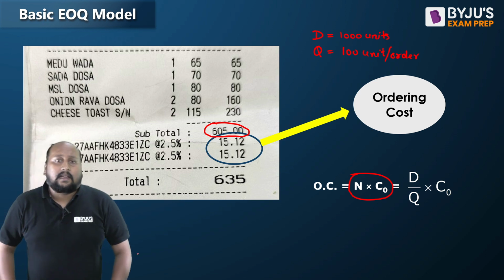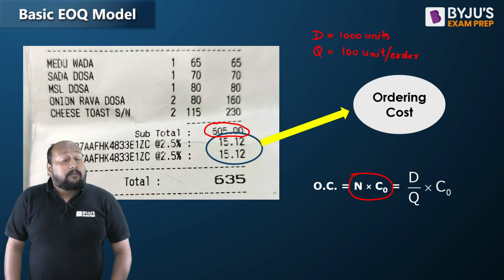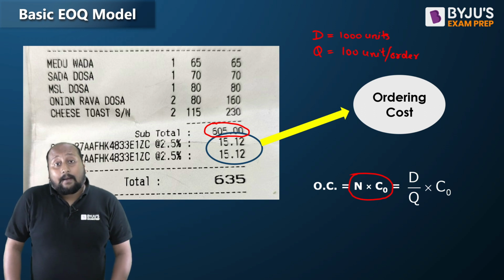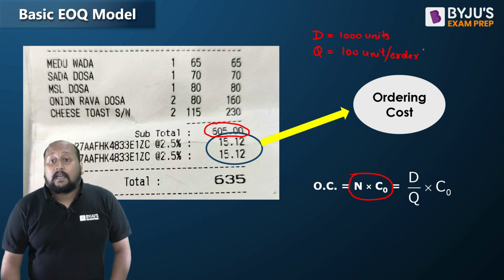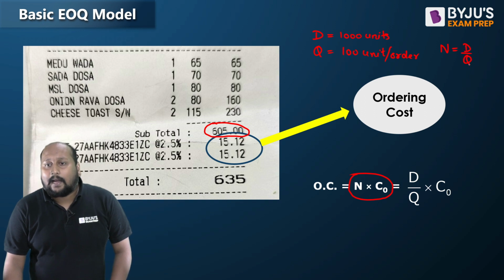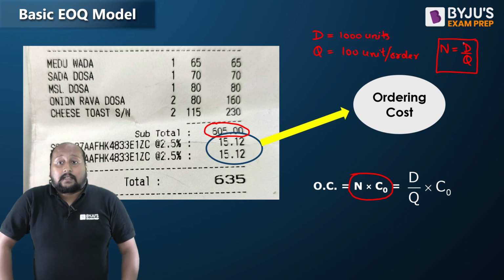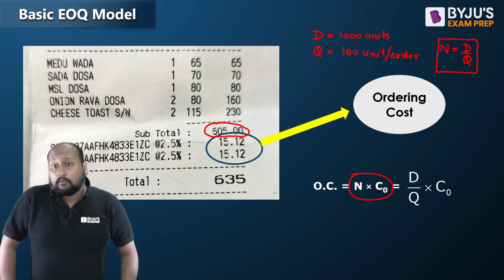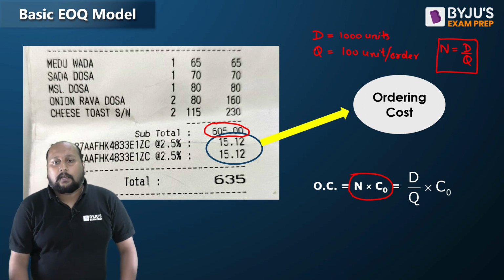So can I simply say, in order to fulfill the annual demand, which I denote as capital D, how many orders do I need to place? The number of orders will be equal to capital D by Q. So I can simply say the number of orders is nothing but the ratio of annual demand to the order size. We call this capital Q the order size, and capital D the annual demand.